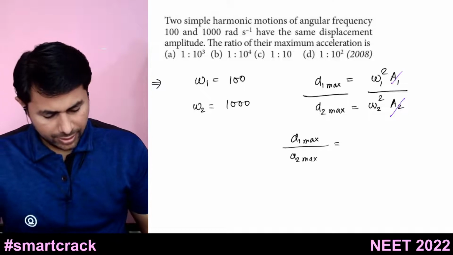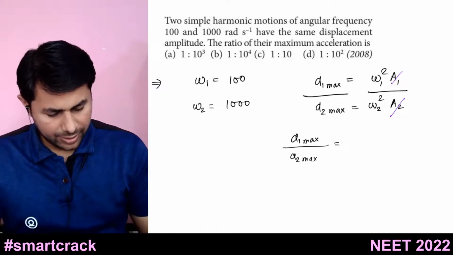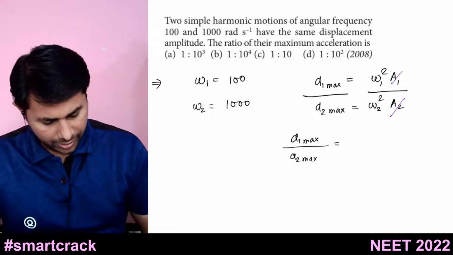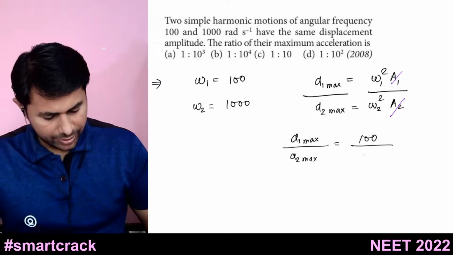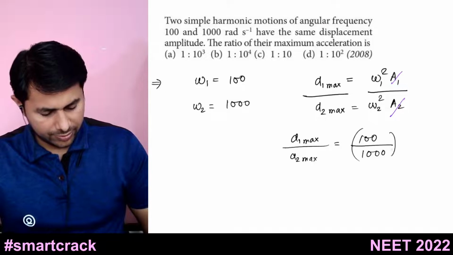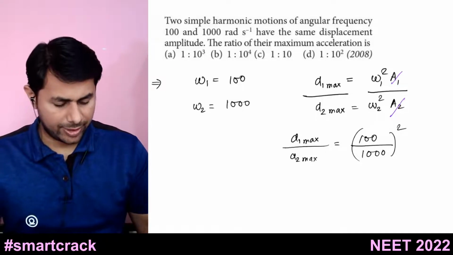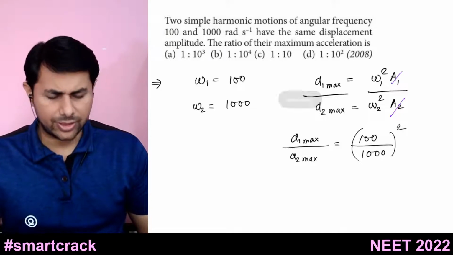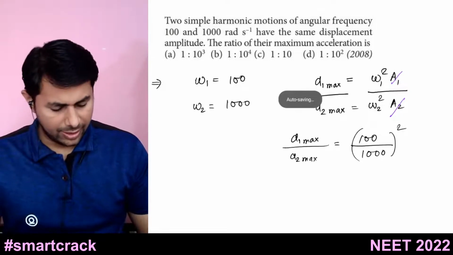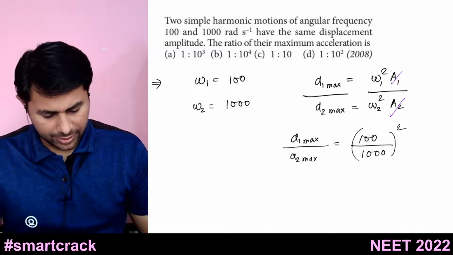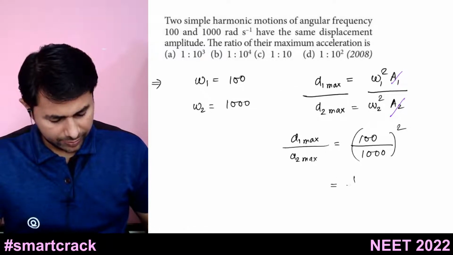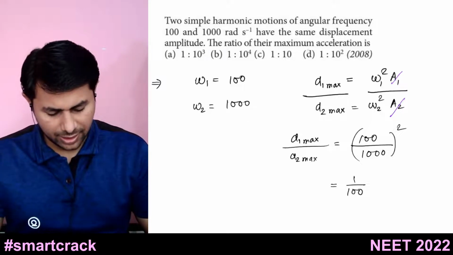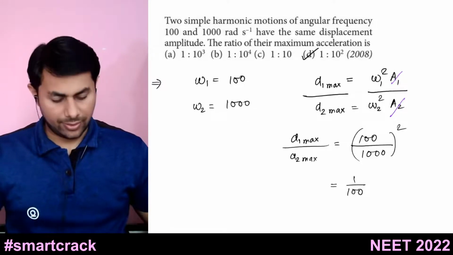Then it is omega 1 square upon omega 2 square, that is, 100 upon 1000, squared. 100 divided by 1000 is 1 by 10, and the square of that is 1 by 100. So this is equal to 1 by 100. Which option is correct? This one is correct, option D.